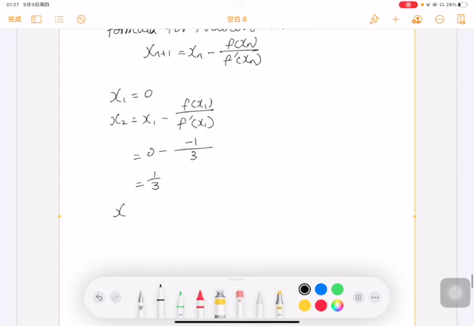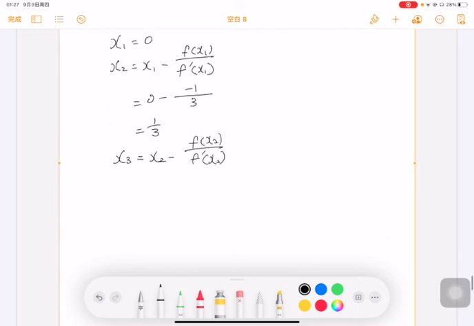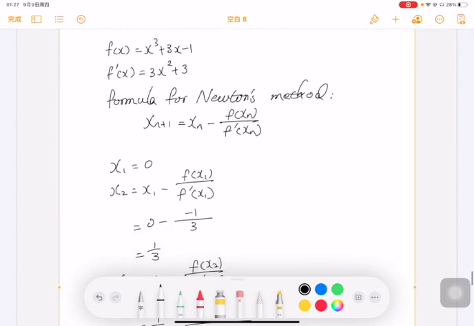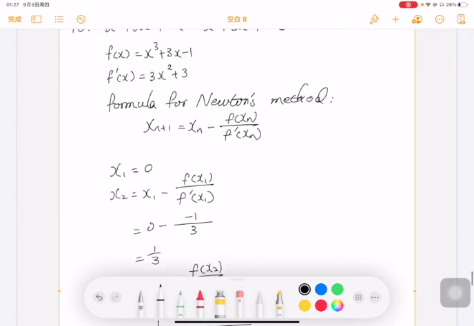And x3 is x2 minus f of x2 divided by f prime of x2. So that's 1 over 3 minus, plug 1 over 3 into f.